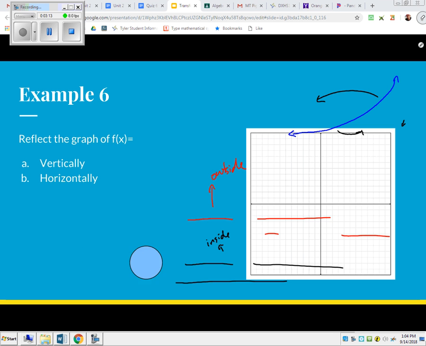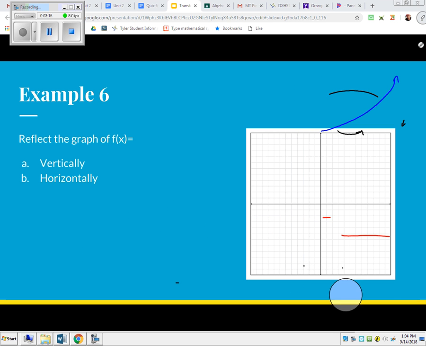I'm going to pick one of the parent functions that describes well what we are doing. I'm going to choose the square root of x. What did the square root of x look like? The swoop.